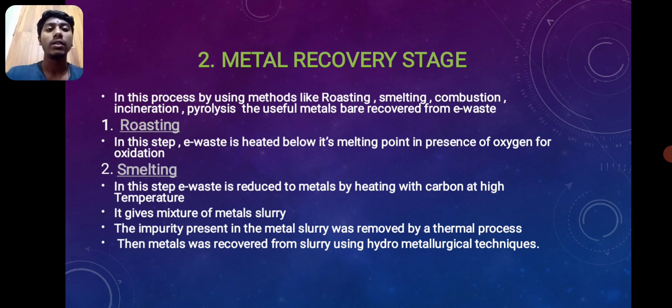In this step, e-waste is reduced to metals by heating with carbon at high temperature. It gives a mixture of metal slurry. The impurities present in the metal slurry are removed by a thermal process. Then metals are recovered from the slurry using hydrometallurgical techniques.